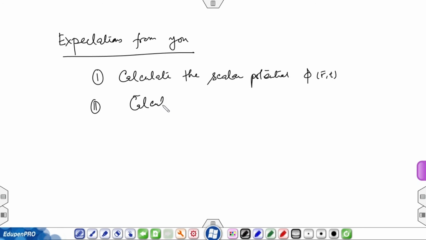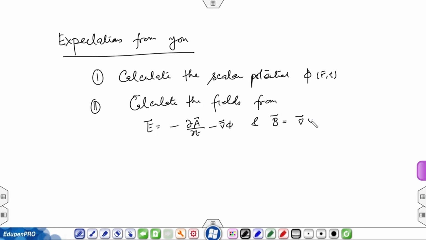Calculate the fields from E equals minus dA/dt minus grad phi and B equals curl of A. I am giving this to you again, so that you get some practice of doing this calculus when you use retarded time.